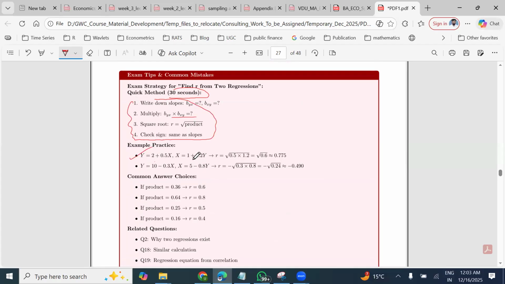Madhusmita, this is for you. Another question is there. Are you doing? Is it happening in 30 seconds? 30 seconds over. Taking the square root of 0.6 is difficult, sir. That is why I told you it is not happening.